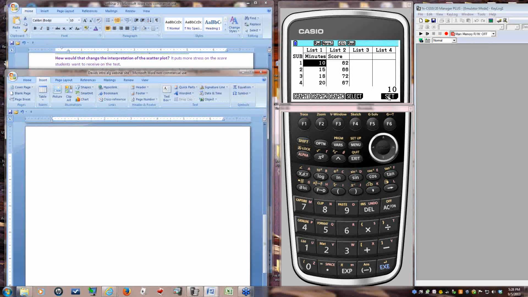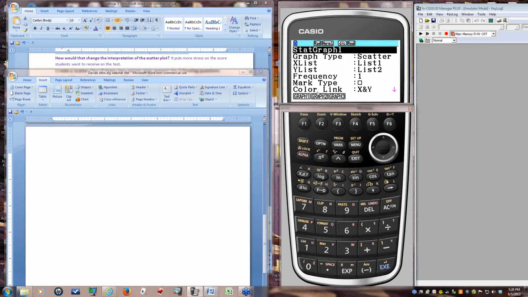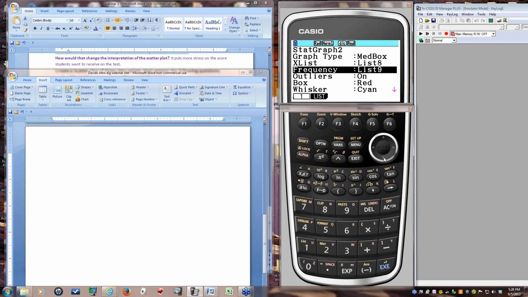So I want to look at the graph that I'm doing. I want to set up a graph. This is the graph I had to begin with marking them that way. I'm going to look at graph 2. It's a median box plot. So I set that. That's not what I want. And the list, I purposely set these up so you had to see how I can change things. I want to make it a scatter plot.